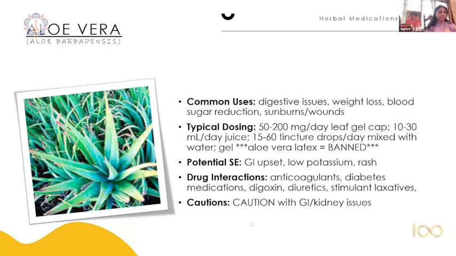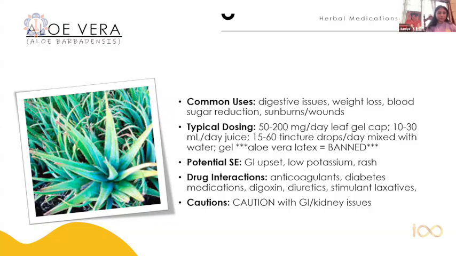Drug interactions with this medication can be anticoagulants. So these are going to be your blood thinners, what you might have after a stroke or a pulmonary embolism, blood clot anywhere. So Eliquis, warfarin, Xarelto might be common interactions. Any medication prescribed for diabetes might interact with this, as well as a heart medication, digoxin.